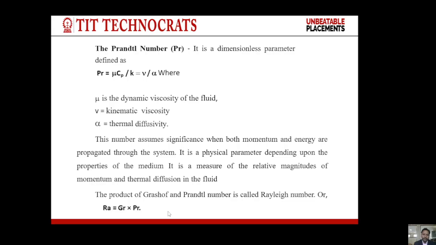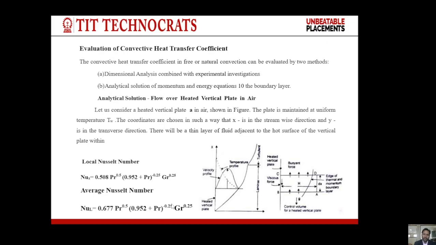So now the next term is the Rayleigh number. Rayleigh number is nothing but the product of the Grashof and Prandtl numbers. Now the main aim is the evaluation of the convective heat transfer coefficient, that is h. There are two different ways: dimensional analysis and actual solution of the momentum and energy equations. First we will use the analytical solution.